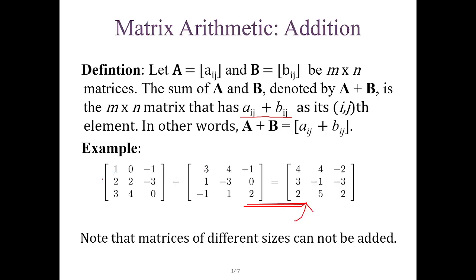For example, we have two 3 by 3 matrices. The addition will use the corresponding positions and add them together to get the new entry in the new matrix. Next, you need to notice that matrices of different sizes cannot be added. For example, you have a 3 by 2 matrix and another 2 by 3 matrix. Their dimensions are not equal, so you cannot add these two matrices.